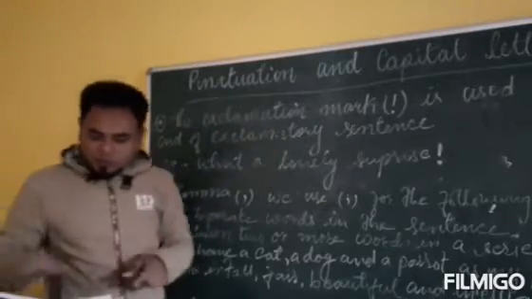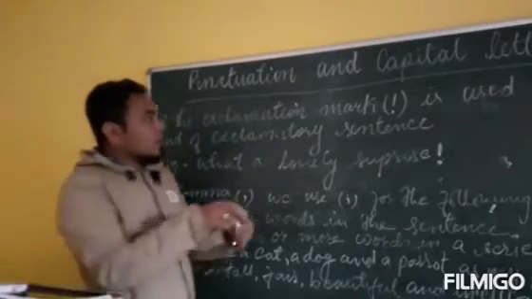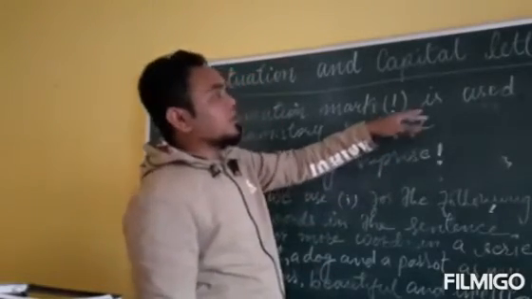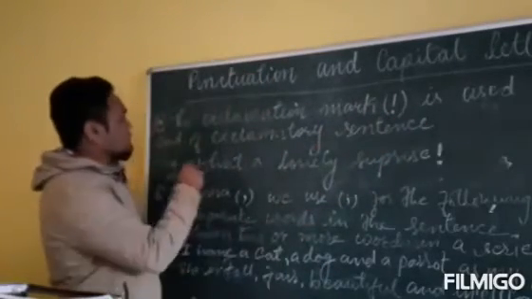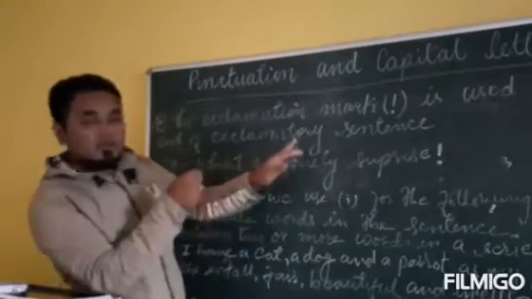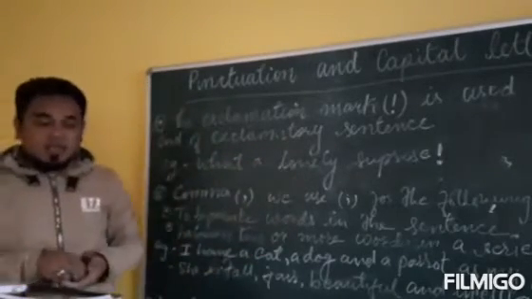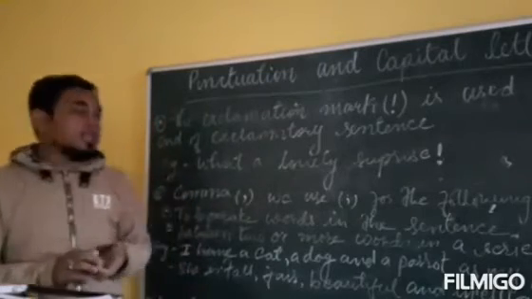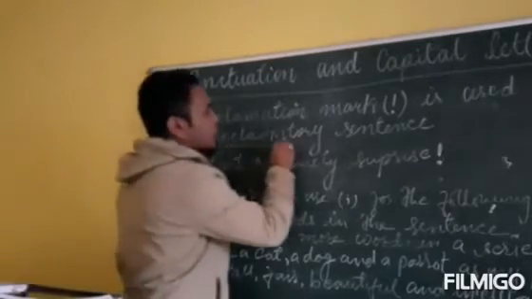When do we have to use the exclamation mark? Don't forget, this kind of mark is used at the end of an exclamatory sentence. So what is an exclamatory sentence?